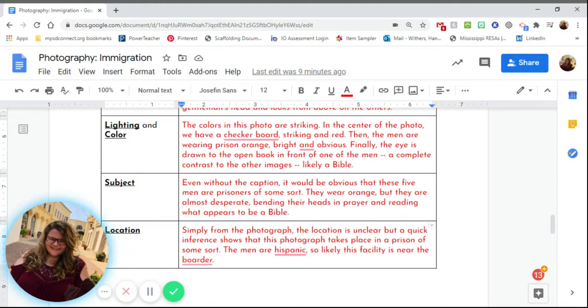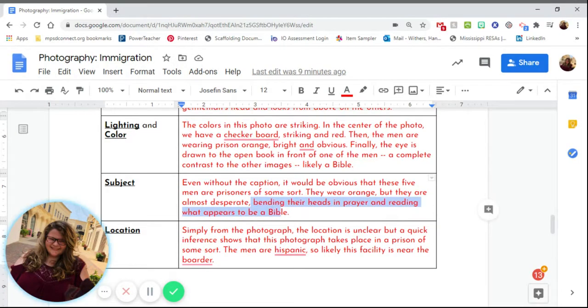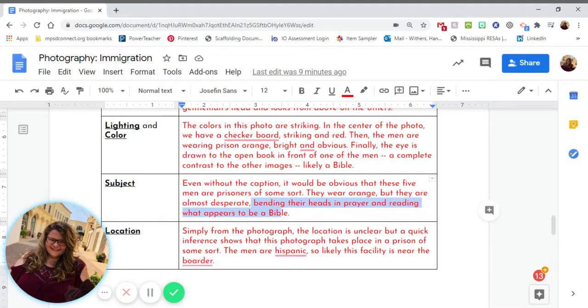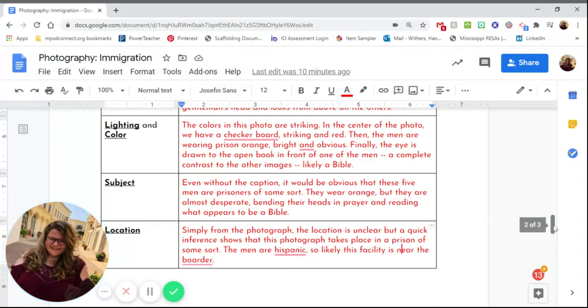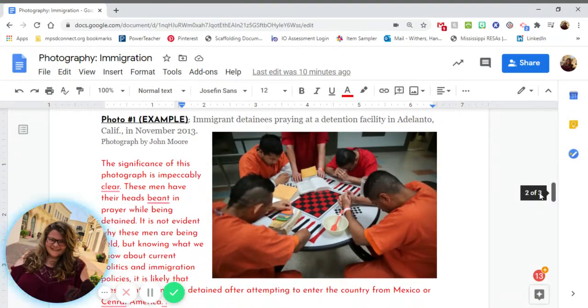But if you take into account what the people are wearing and the situation they seem to be in, bending their heads in prayer, reading the Bible in this prison orange, a quick inference is that this place is a sort of prison. And then we can tell from the picture that the men are Hispanic, so likely the facility is near the border. These are all just inferences we are making based off of what we can see in this photograph.